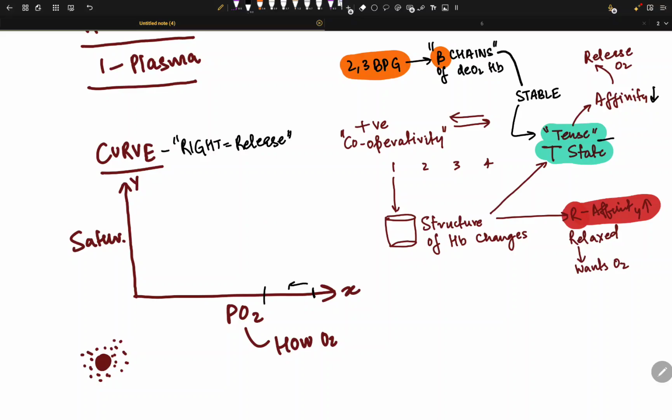I know that my affinity towards oxygen is going to stay the same. I don't have any chemical compound that's going to increase my affinity. I am not somehow going to pick up 10 molecules of O2 when my capacity is just 4. I cannot increase my capacity, so I would rather increase my delivery of oxygen to the tissue.